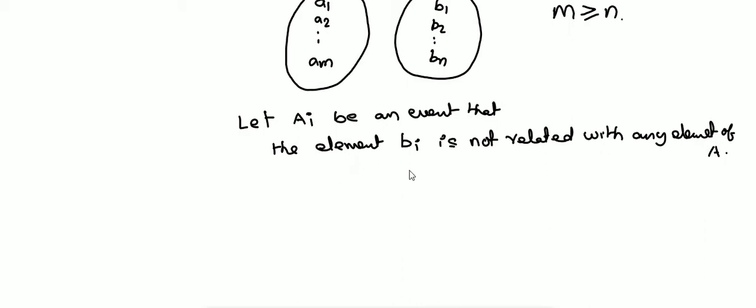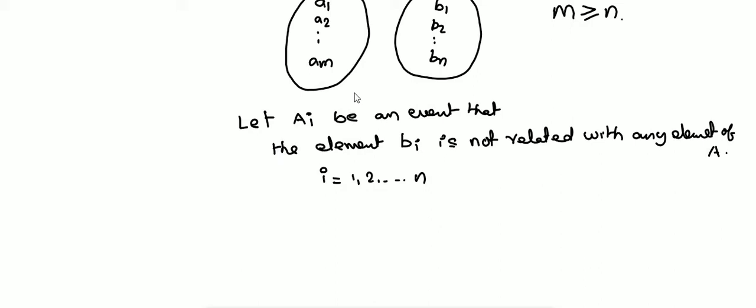So A1 represents the event in which the element b1 does not have any pre-image. A2 is an event that element b2 does not have any image. As per the definition, onto function means b1, b2 and so on bn all elements must have pre-images. So the unfavorable cases of the Ai are required to us.